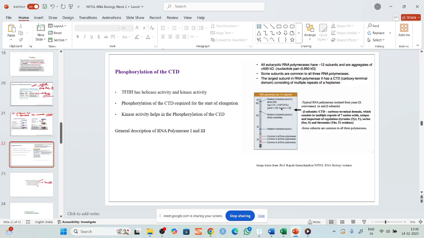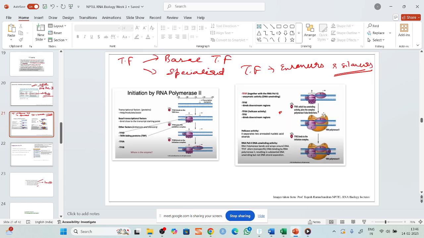This is important. In the case of eukaryotes, the carboxyl terminal domain has to be phosphorylated. Only after the phosphorylation of the carboxyl terminal domain will the elongation process start in eukaryotes. You see here that these are the different kinds of transcription factors. In eukaryotes, you need several transcription factors, and these are classified as general or basal transcription factors and specialized transcription factors.